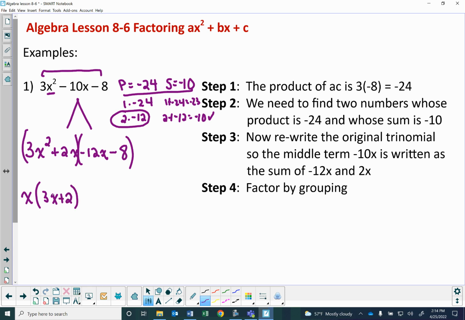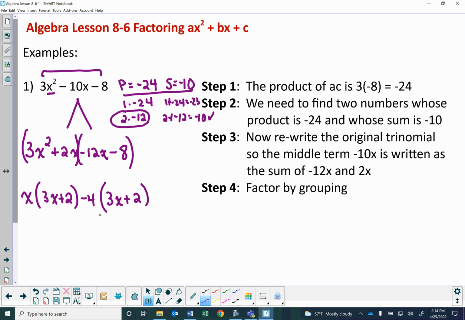Then I look and say, what's the greatest number and or variable I can take out of negative 12x minus 8? Since my first term is negative, I'm going to take out a negative number because we never want that first term to be negative. And I know that negative 4 will divide into 12 and 8, so I'm going to take out a negative 4. Negative 4 divides into negative 12x a positive 3x, and negative 8 divided by negative 4 is a positive 2.